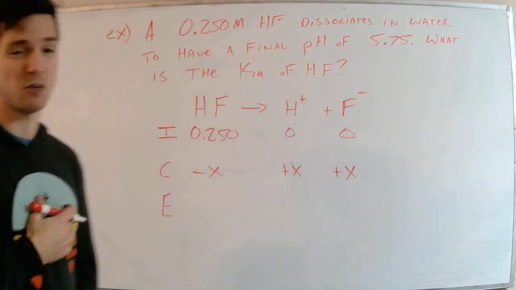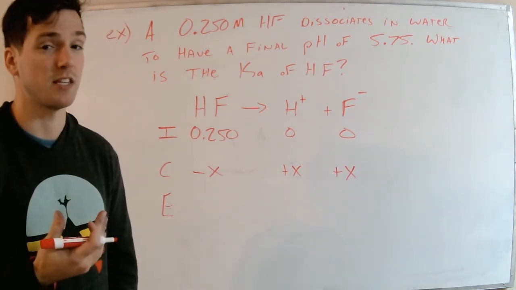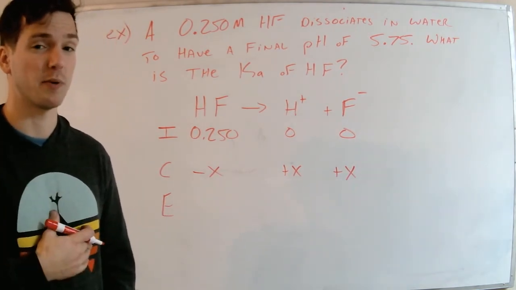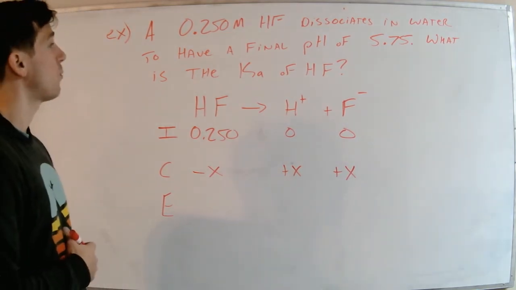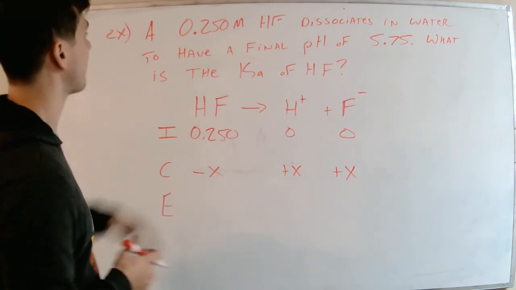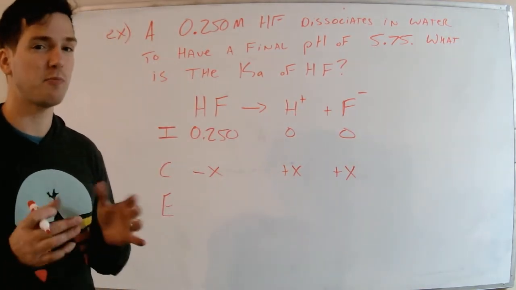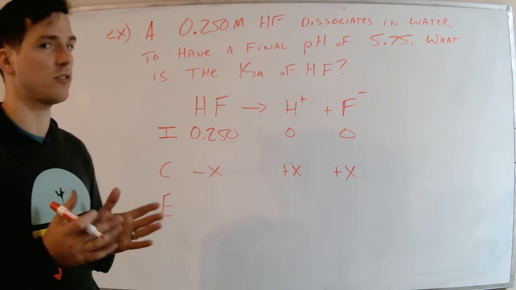Now, before we do equilibrium concentration, let's figure out if they gave us anything that could help us figure out our equilibrium concentration. Well, one other thing they gave us was pH, right? To have a final pH of 5.75. Well, if we have pH, what else can we figure out?